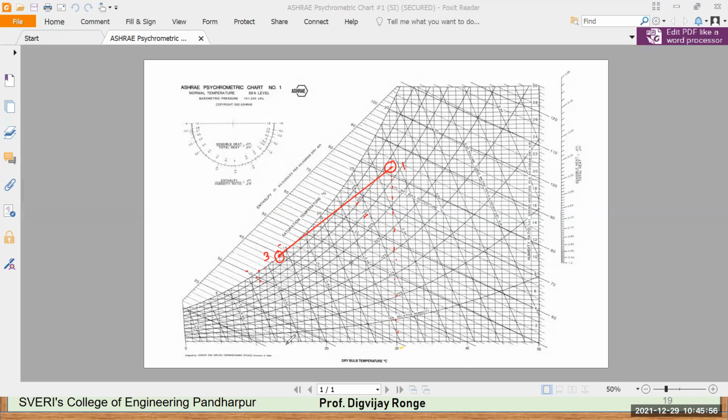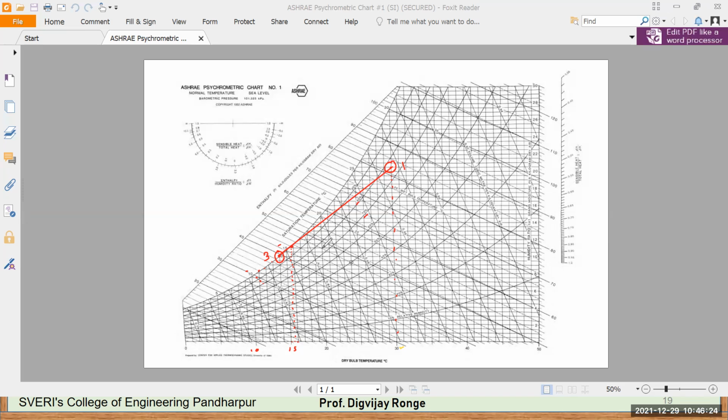So see here this is 10, then this is 15. Between 15 and 16 there will be 15.6. So let us say here it is 15.6. Again I have to go in the vertical direction like this, and somewhere here my point 2 will lie, right? It is very near to the saturation curve, but it is not on the saturation curve. Okay.